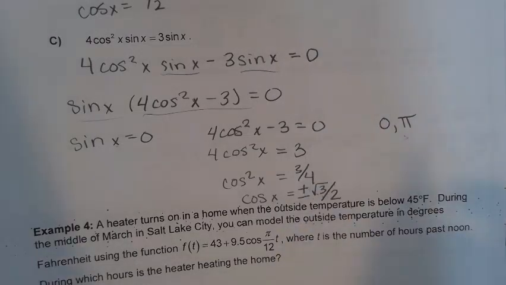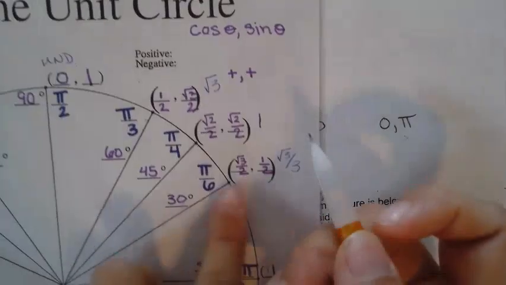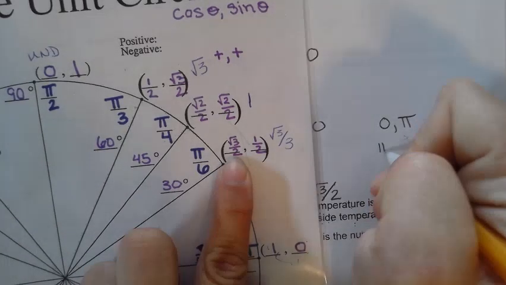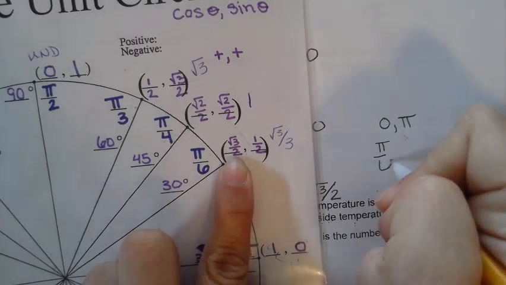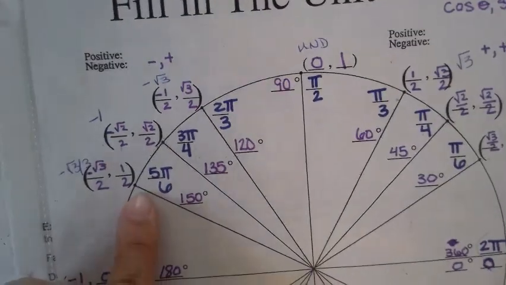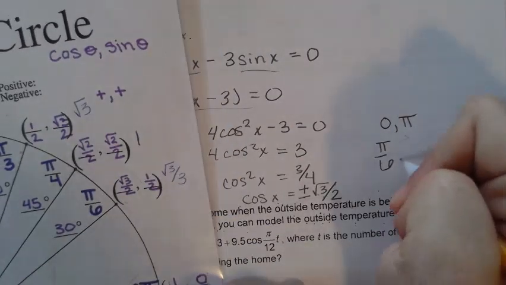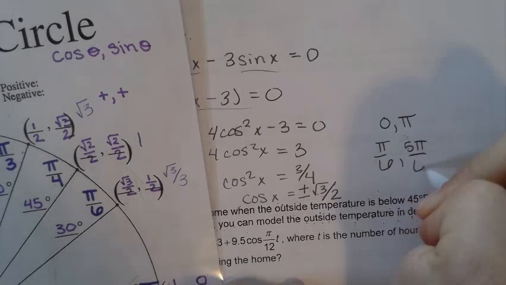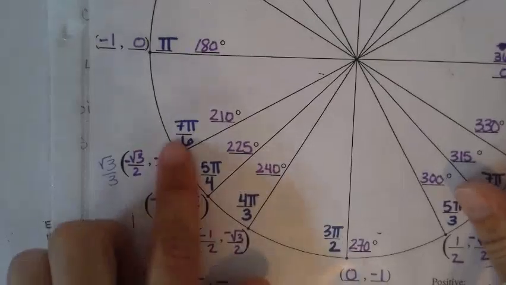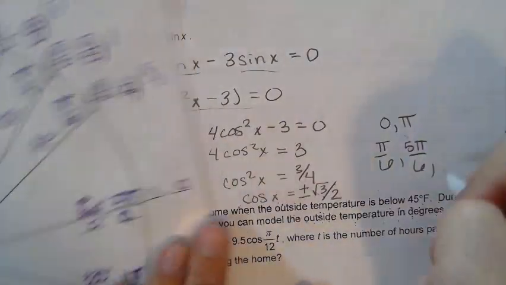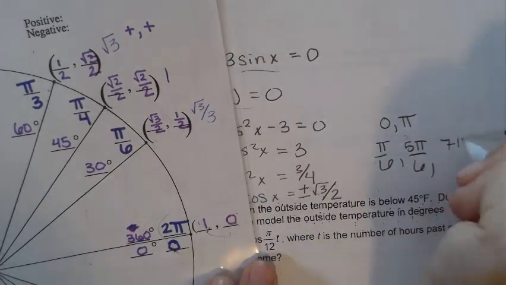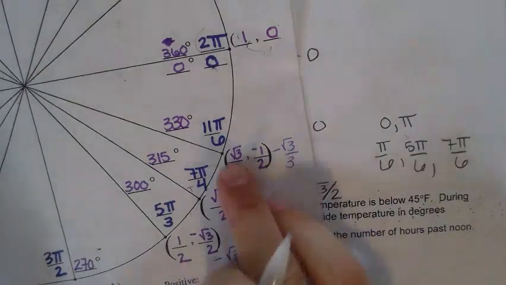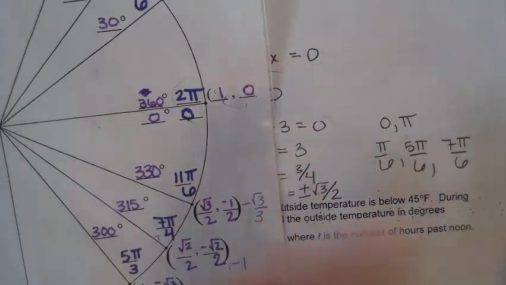it's square root of 3 over 2. So we've got pi over 6, 5 pi over 6, 7 pi over 6, and 11 pi over 6.